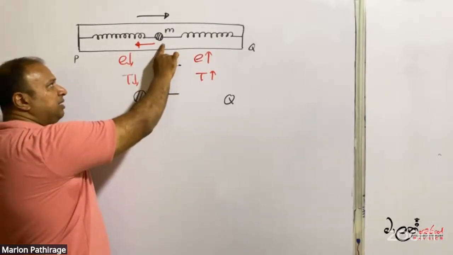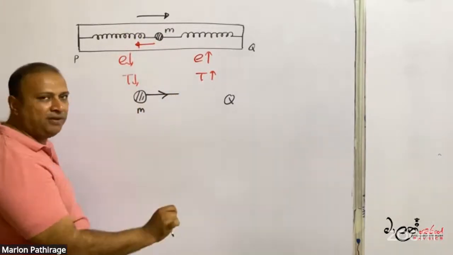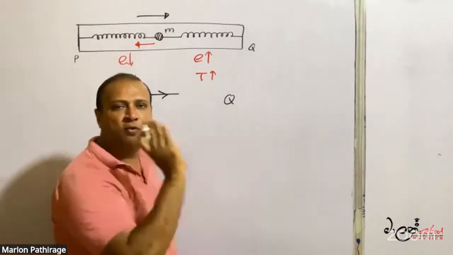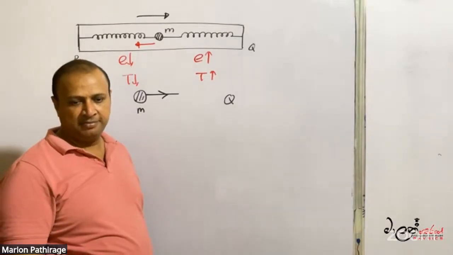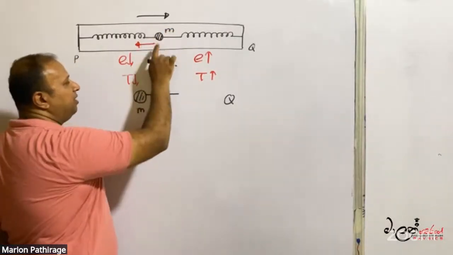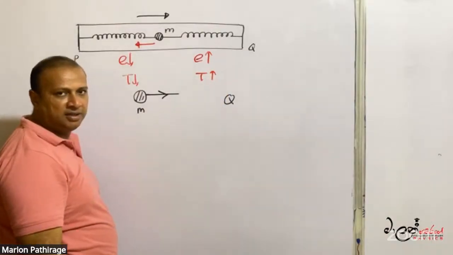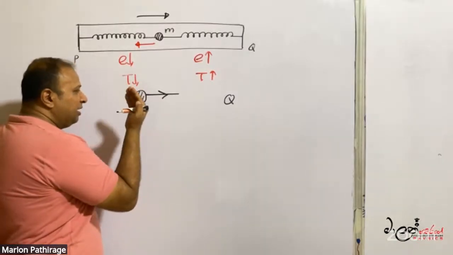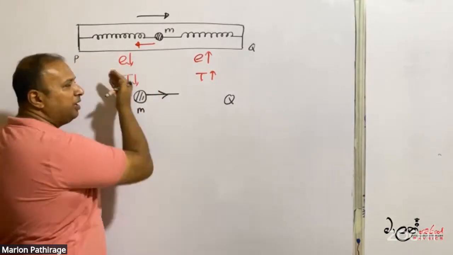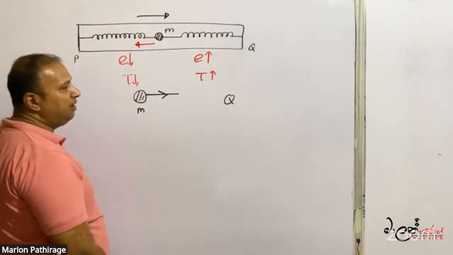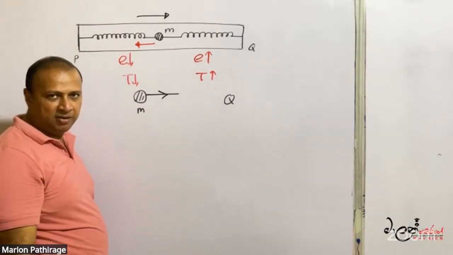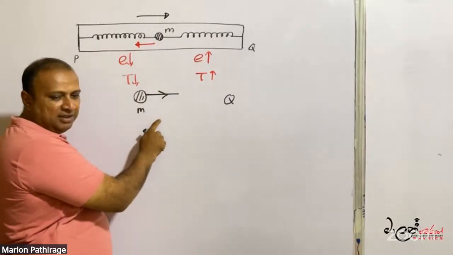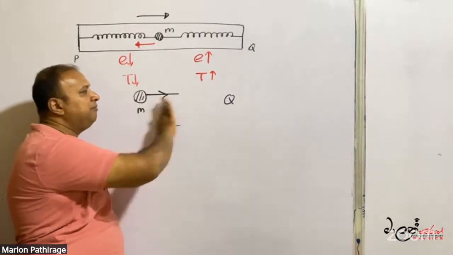As this object has that acceleration, definitely this object should have an unbalanced force into the PQ direction. To create an unbalanced force, definitely this object should move in the P direction, because if this object moves in the P direction, there will be an unbalanced force in this direction.